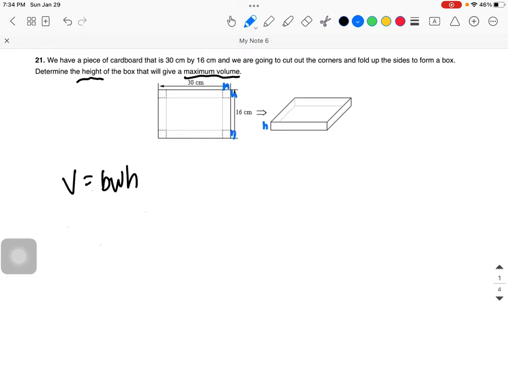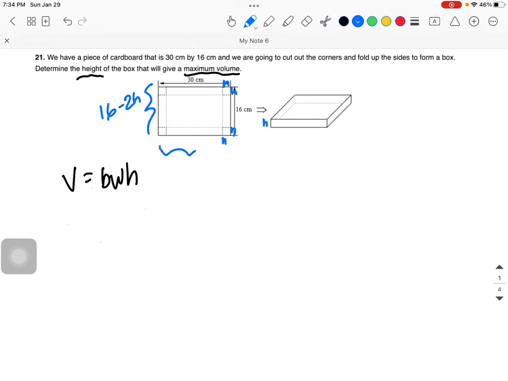So these are all little h's. And if you're a little bit more creative, you can think about this side as 16 minus 2h, and you can think about this side as 30 minus 2h because you have an h on each end.